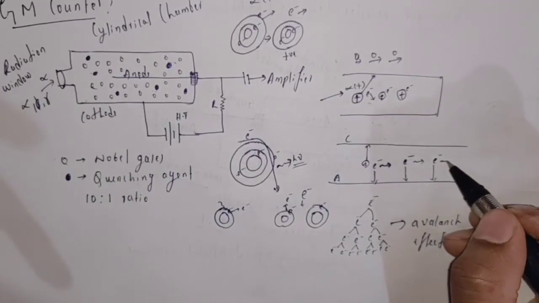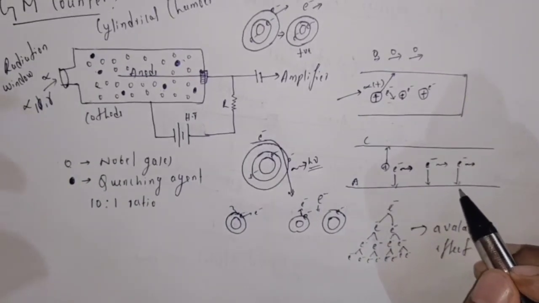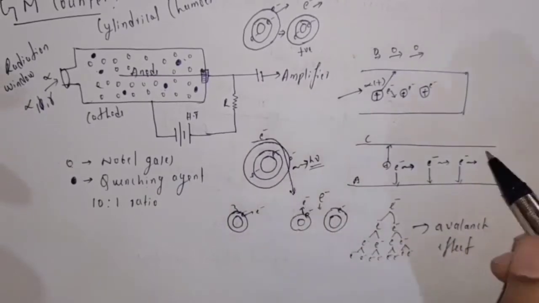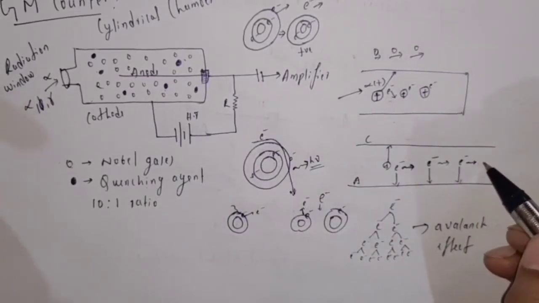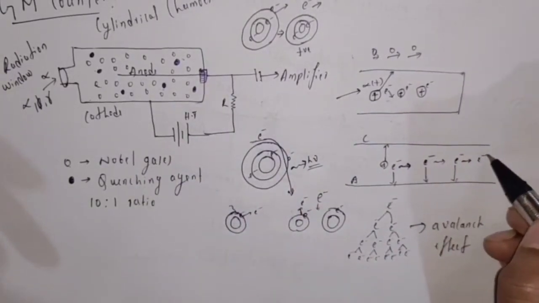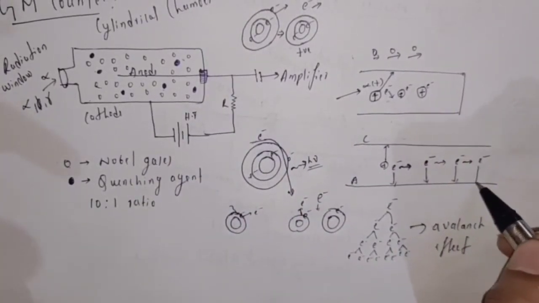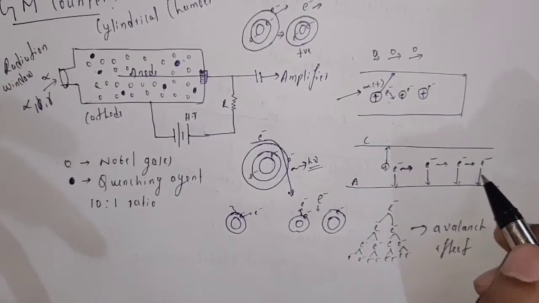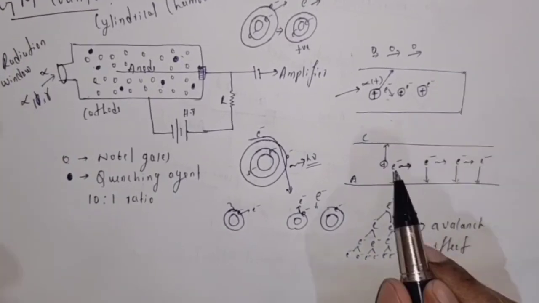Similarly, this electron while moving towards the anode emits a photon because of the Bremsstrahlung effect, and this photon again interacts with some of the gas molecules and produces an electron, which moves towards the anode, and this also creates the avalanche effect.